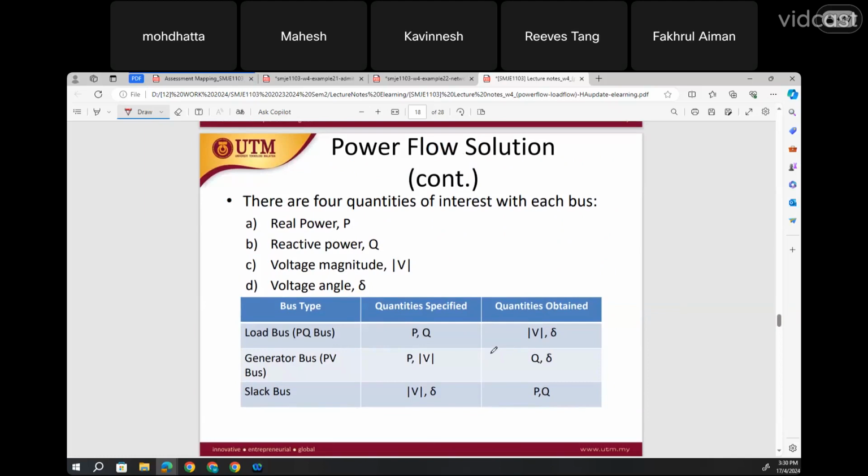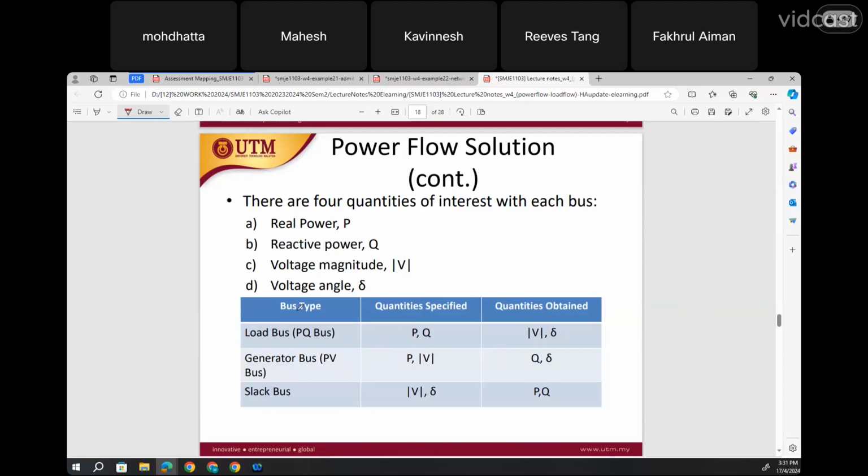So these 4 quantities are the things that we are interested in our calculation. Once we have these quantities, it's easier for us to analyze our power system.